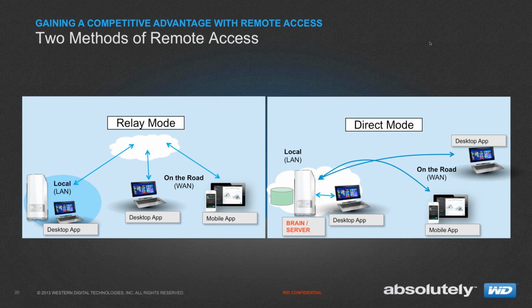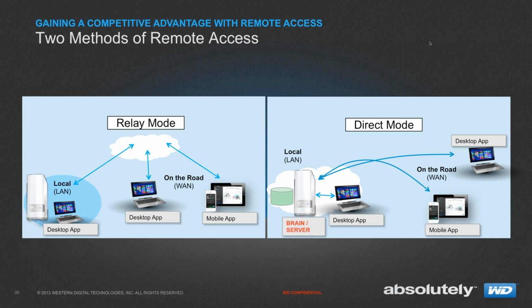I use relay mode on some of the devices here at the office simply because they're behind a corporate network and the corporate IT guys don't like me opening ports on their stuff. But the device I have at home is in direct mode, and at home I have a really fantastic internet connection. I use Cox, and I have I think 100 megabit down and 50 to 60 megabit up, which is fast.